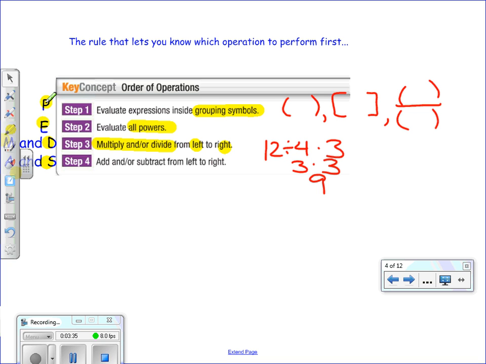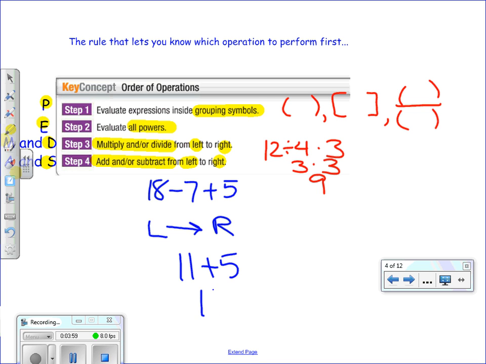And finally, you have add or subtract. Again, you work from left to right. If you had 18 minus 7 plus 5, you don't add these 2 first. You work from left to right. So 18 minus 7 is 11, plus 5 is 16.